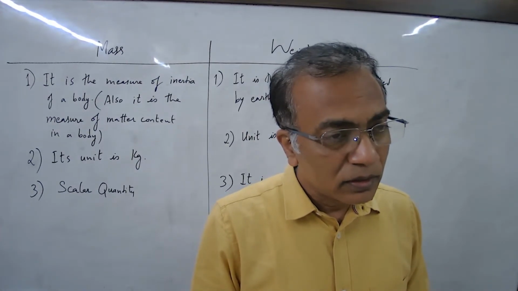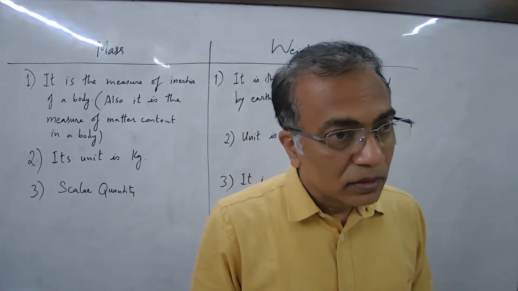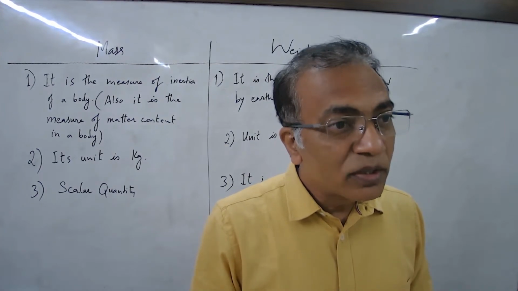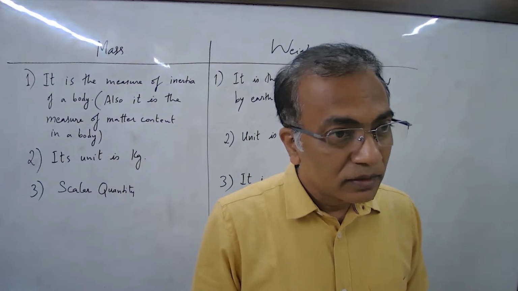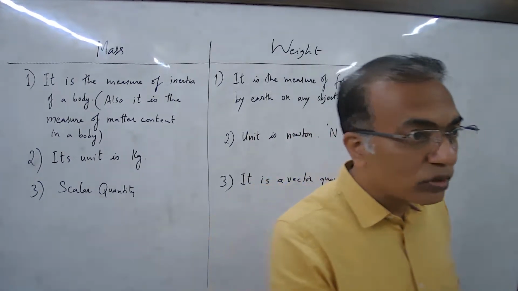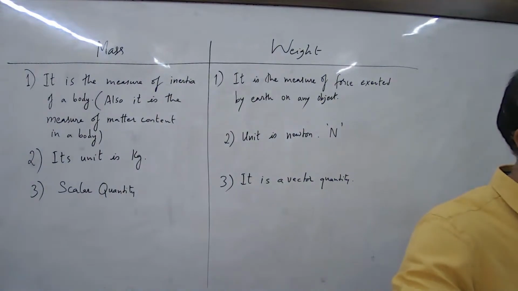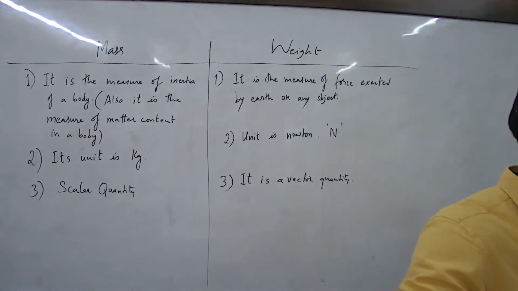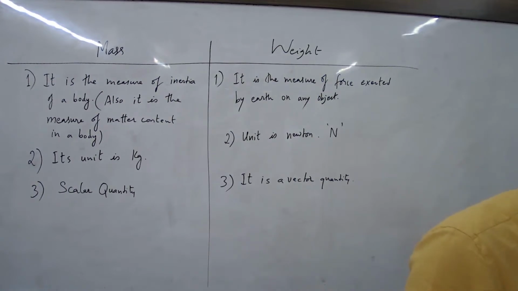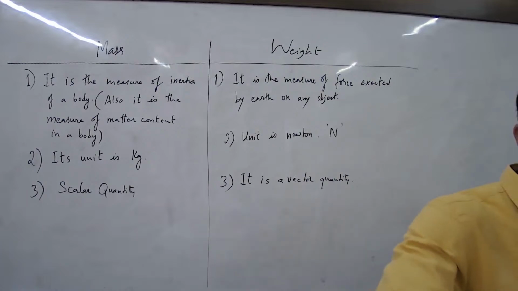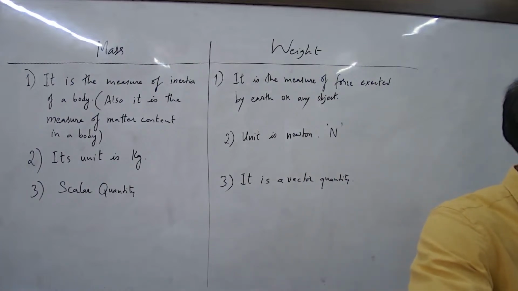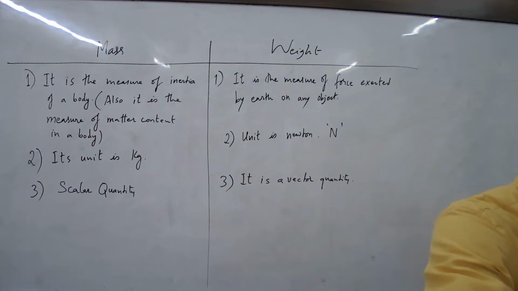Earth is an extended body, right? So where does the force of gravitation work? Towards the center, as in the universal law of gravitation. Oh, I understand. So for every extended body, you always take its center as its address.